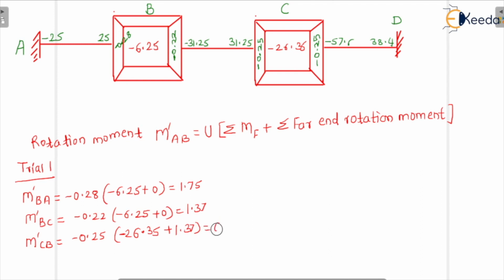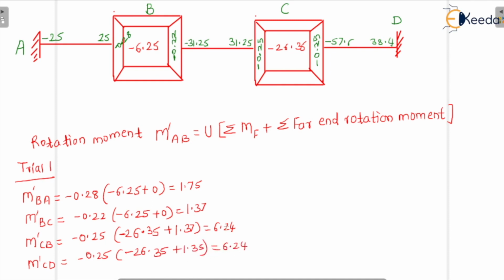So we get the answer as 6.24. Okay, and then m dash of CD. Now use minus 0.25 into minus 26.35 plus 1.37 again. So we get the answer as 6.24.